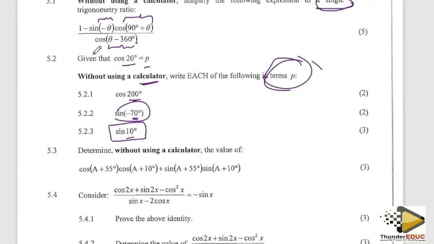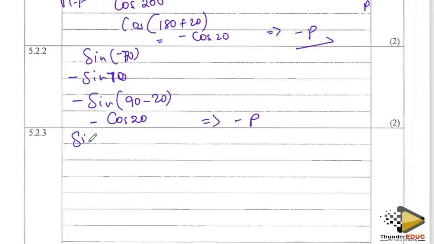Then 5.2.3, they want the sine of 10. So now, what is happening? We have a 20 and then we have a 10. We can see that 10 is just a half of 20. So what can I use? The double angles. Is that going to make sense?